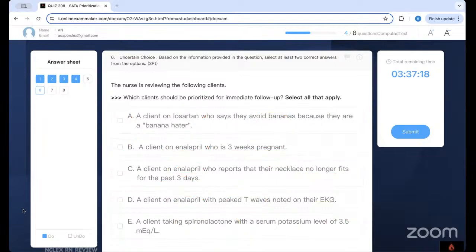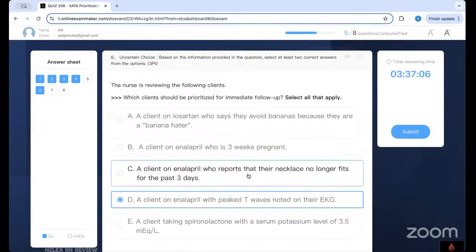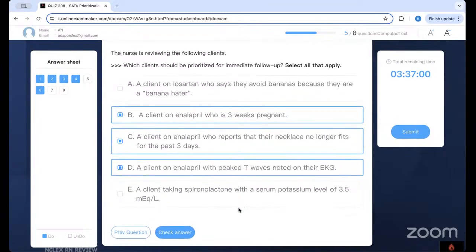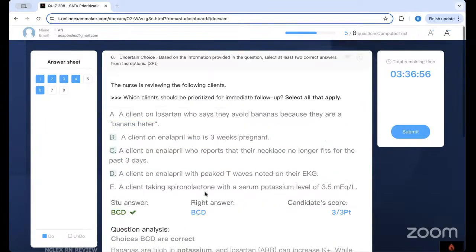So these are like pharmacology, bringing the content related to that, and you can see that this is not right. You don't have to pick it. But if you have EKG changes, or your necklace does not fit and you're pregnant, those are all bad problems you should not consider as normal. So that's one.